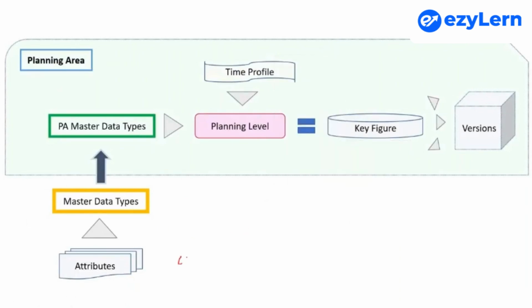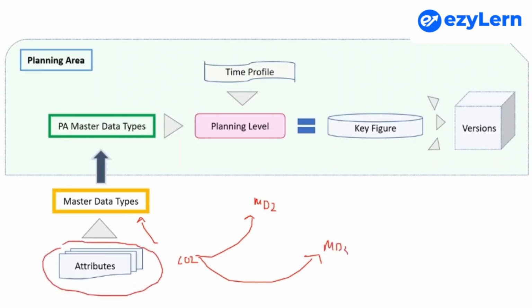So I created CO2 attributes, and then I have assigned them to a master data type. Now I can also assign them to another master data, MD2, or to another master data called MD3, because the attributes lie outside of everything. They are independent. You assign them to a master data, and then the master data is dependent on the attributes that have already been created.